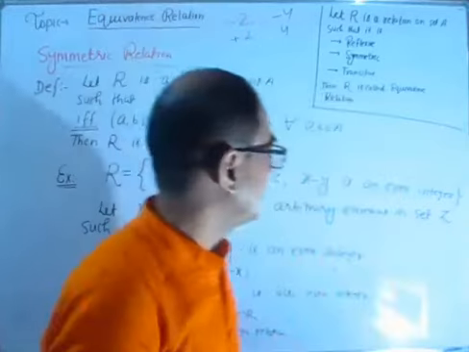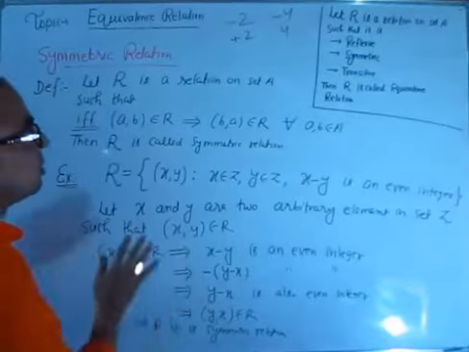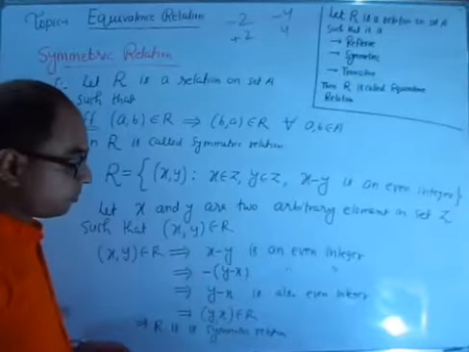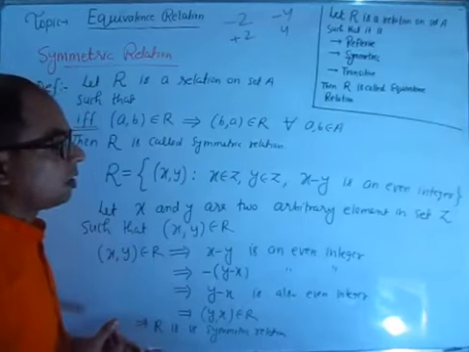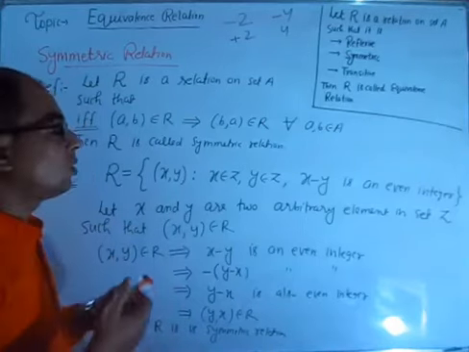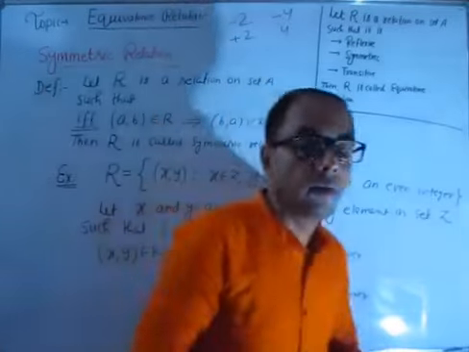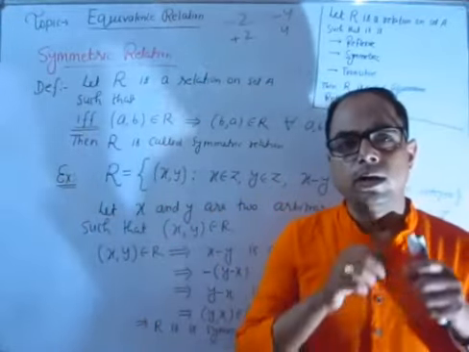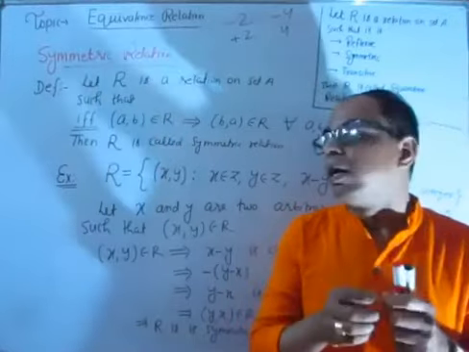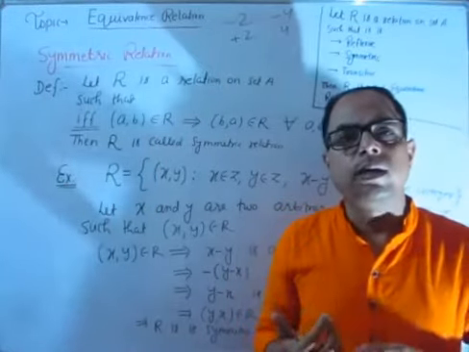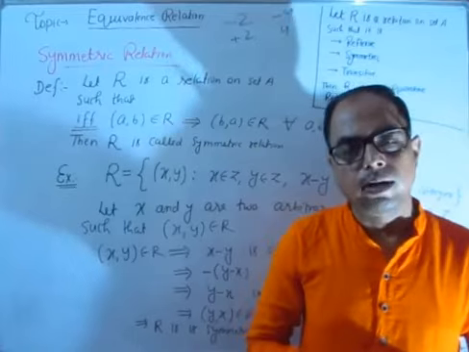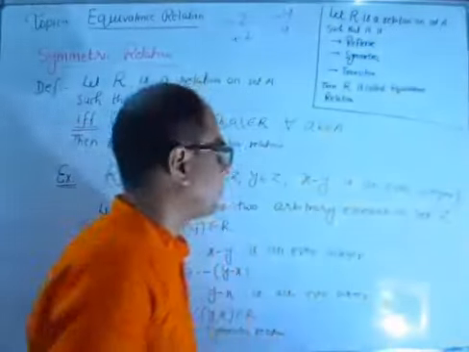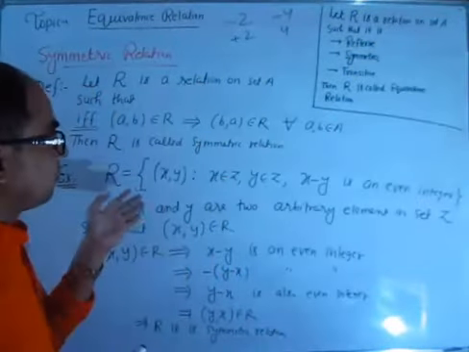So this is the correct way to prove symmetricity. Clear? You should try to prove in a general way. If you do not know the general way to prove symmetricity, then instead of leaving the answer, you can prove it by using an example also. Clear? But first try to prove it in the general way.